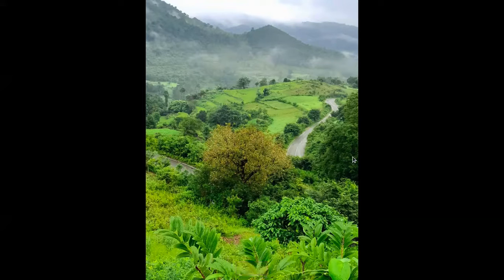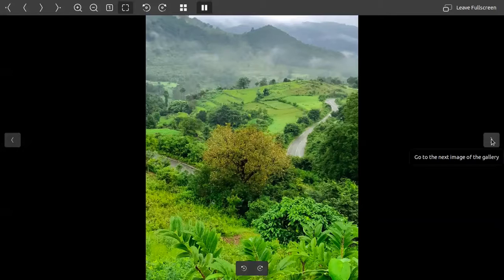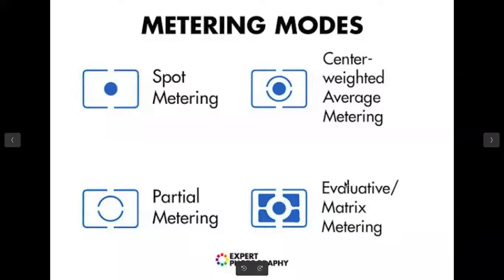Depending upon the answer to the question of underexposure, overexposure, or proper exposure, it decides the ultimate exposure of the photo. This is called evaluative or matrix metering.